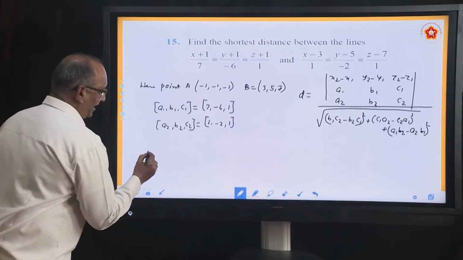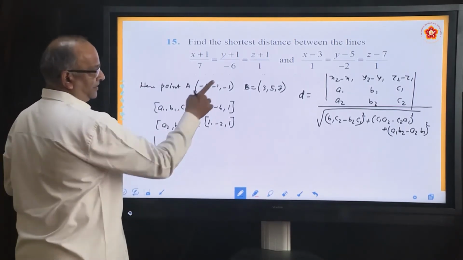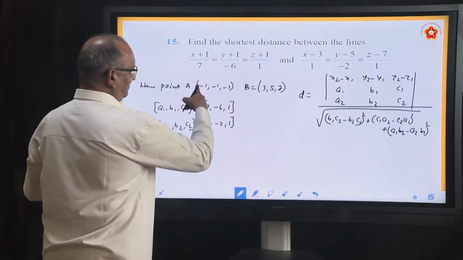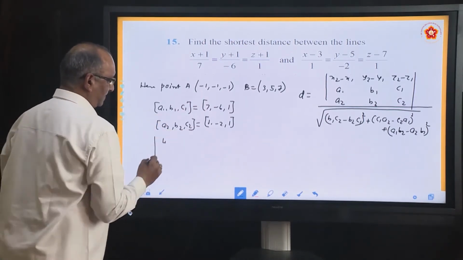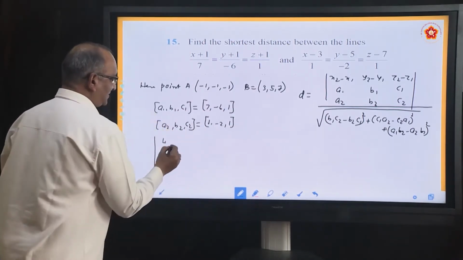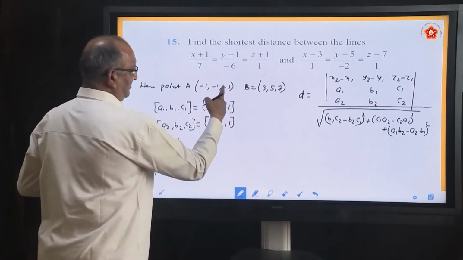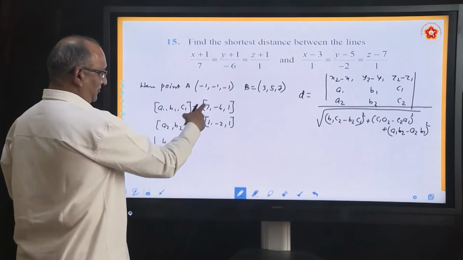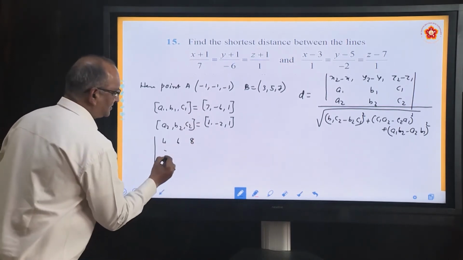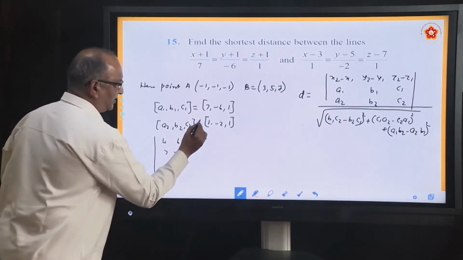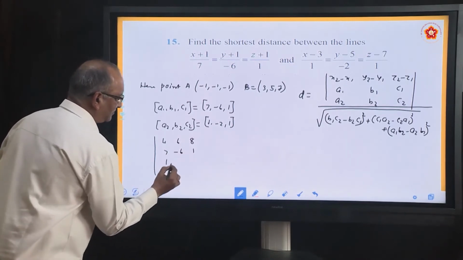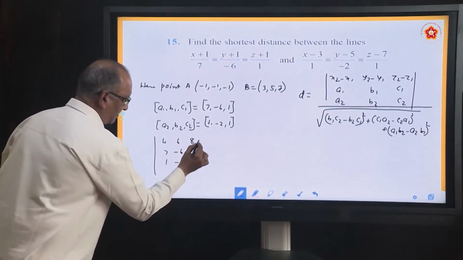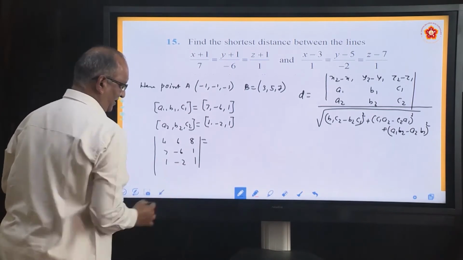Simply substitute the values. x2 minus x1: 3 plus 1 is 4, 5 plus 1 is 6, and 7 plus 1 is 8. A1 B1 C1 we already wrote: 7 minus 6 is 1, 7 minus 6 is 1, and 1 minus 2 is 1. Let us simplify it.